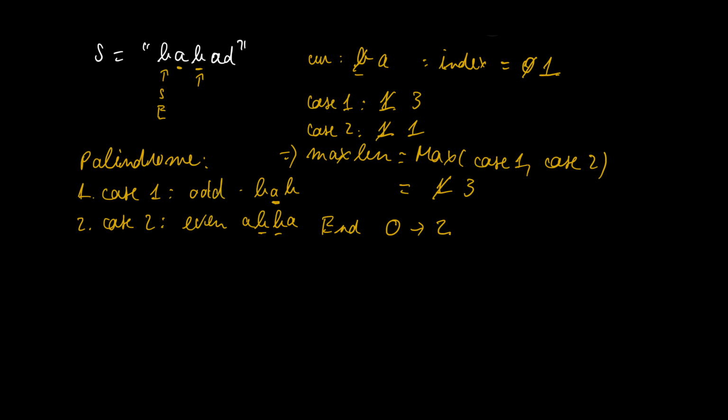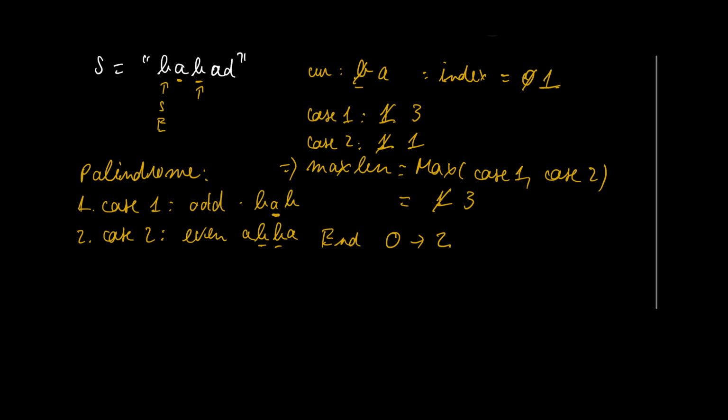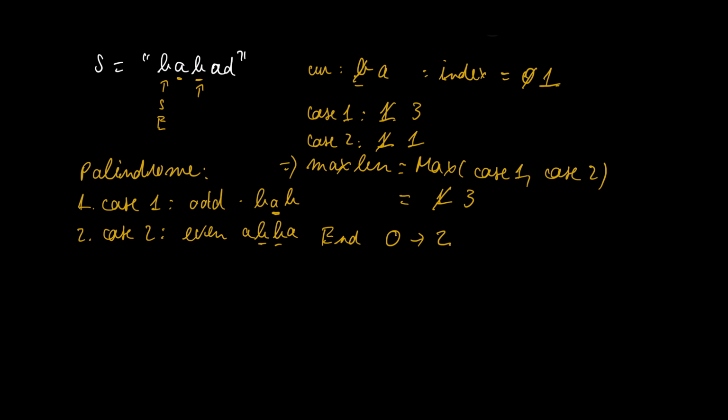So the start pointer, we know that it will start from A in here. So we have index at 1. And the length of it is 3. And we know that it's forming a palindrome. So there will be one character to the left of the center and one character to the right of the center, which is forming the 3 in here.